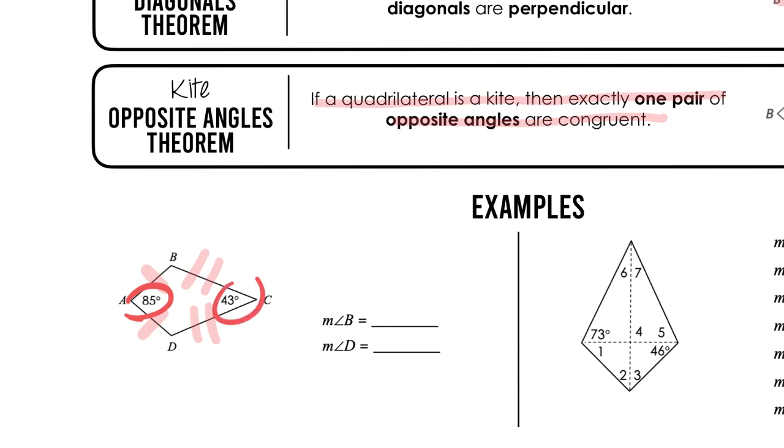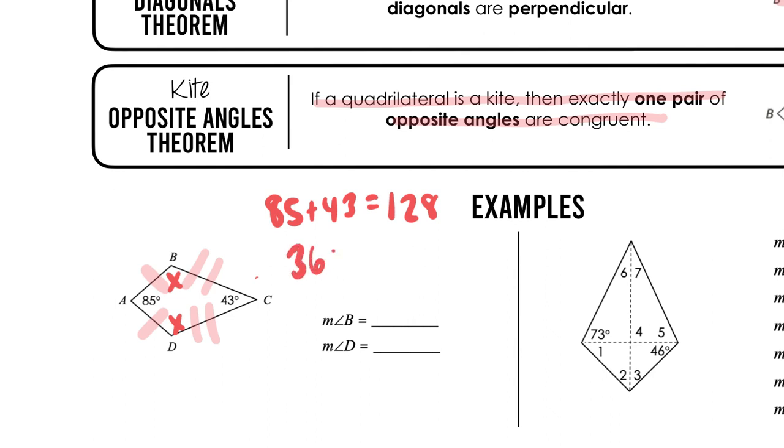So I'm going to erase some of my markings, and then I'm going to call those X. And then just use the fact that it's a quadrilateral so they all add to 360. So 85 plus 43 adds to 128.